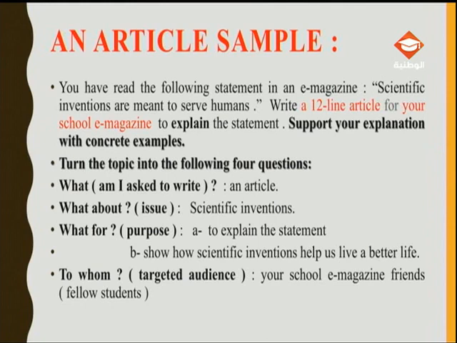Here, the issue is scientific inventions. But what's the purpose? What about these scientific inventions? Am I going to list the advantages and disadvantages? Or am I going to focus on the advantages? Am I going to focus on the disadvantages? The instructions are clear. Write to explain the statement.